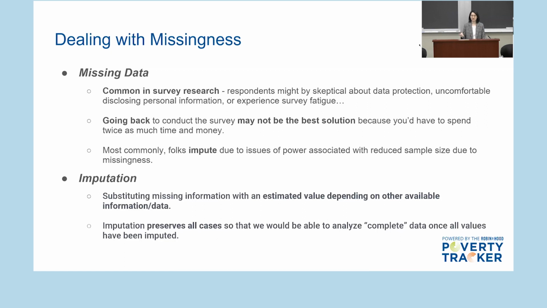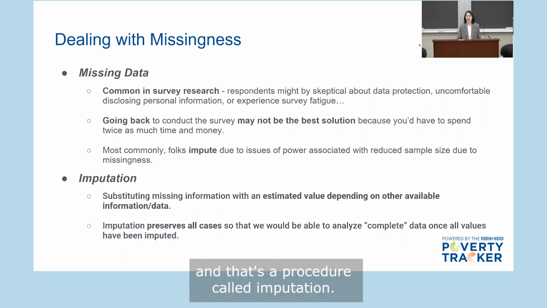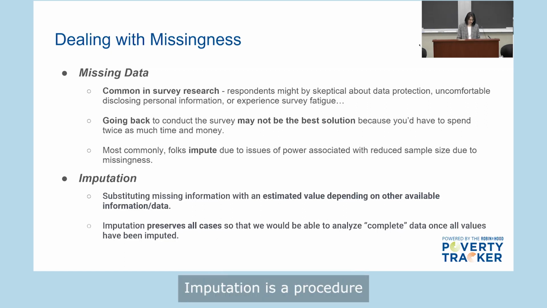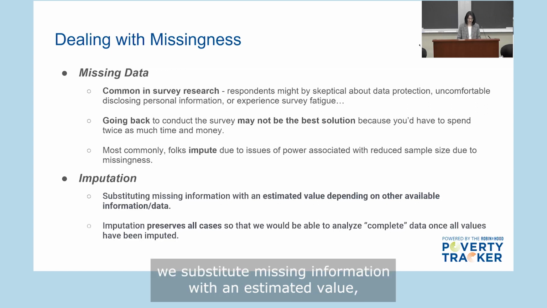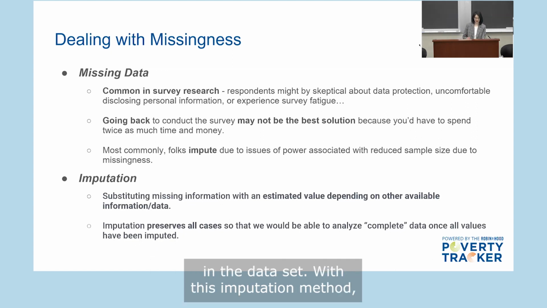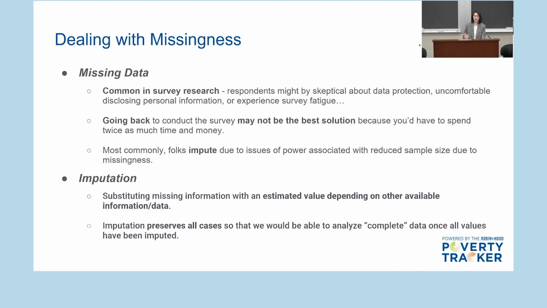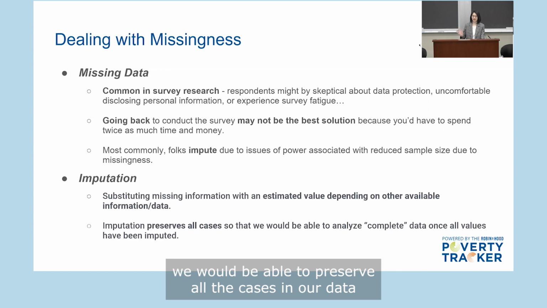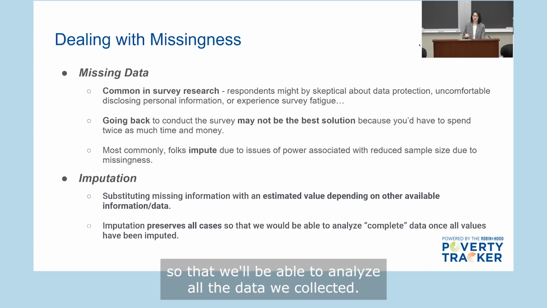That procedure is called imputation: we substitute missing information with an estimated value depending on other available information in the data set. With this imputation method, we are able to preserve all the cases in our data so that we can analyze with all the data we collected.